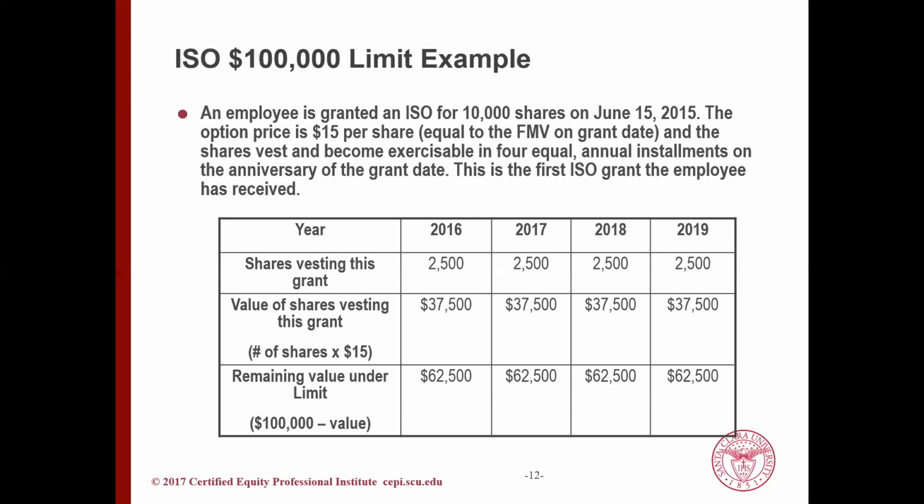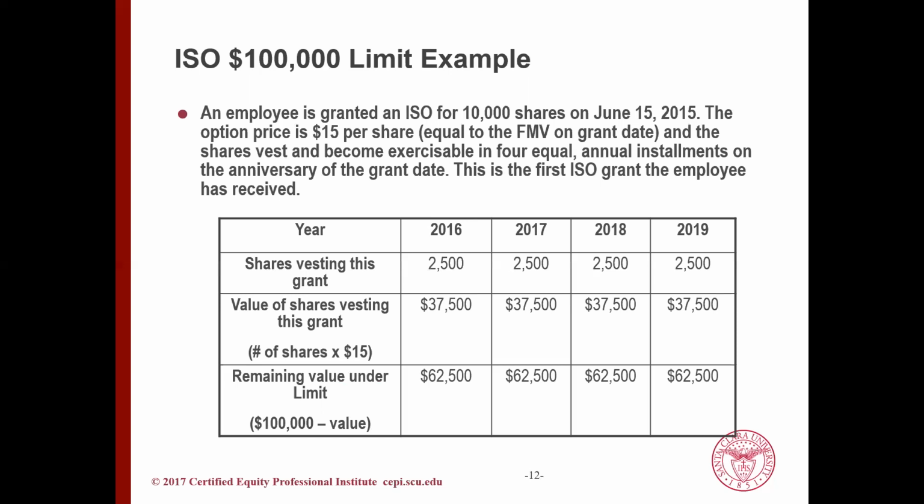Since they were granted in 2015 but vest annually, there's no calculation for 2015. Starting in 2016, the first 2,500 shares vest and the value is $37,500 based on the grant date fair market value of $15. $15 per share times 2,500 shares vesting is $37,500.